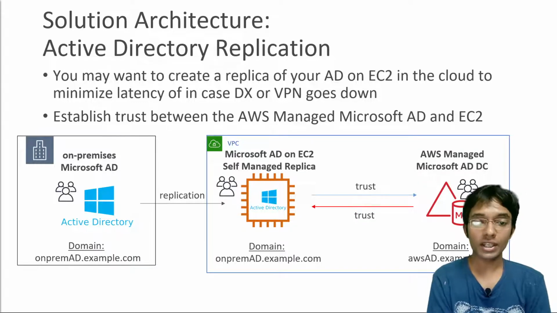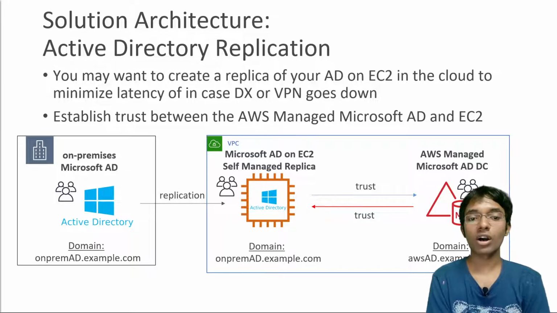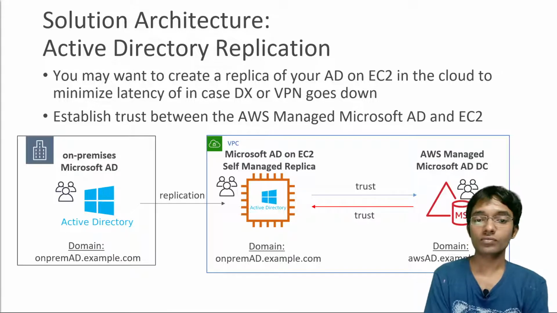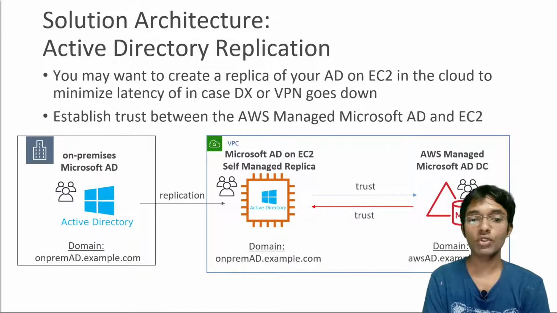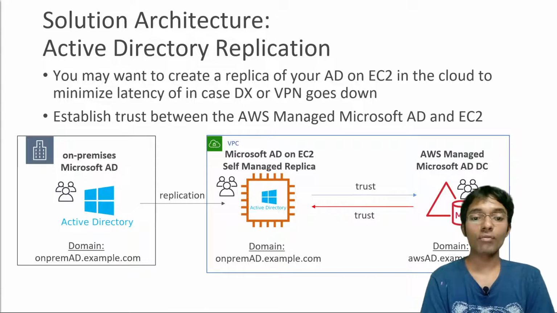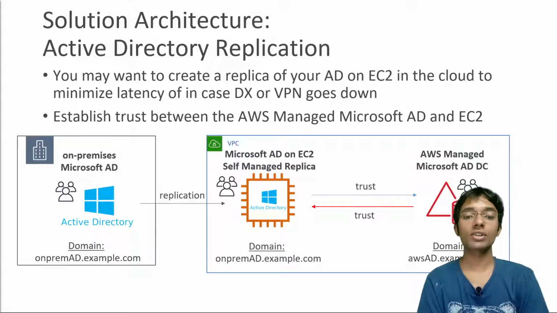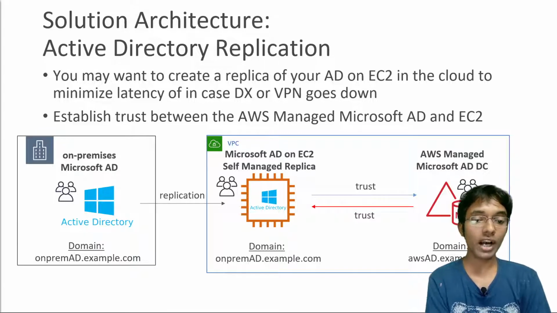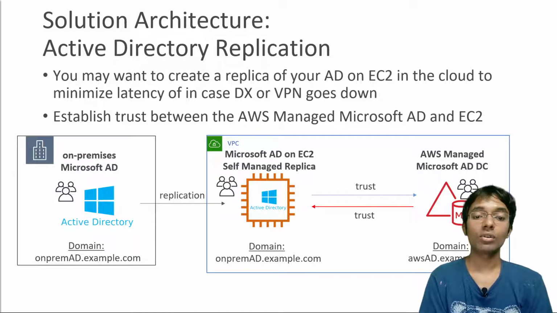By setting up that replication, we'll have a replica of the on-premise Microsoft AD in our VPC, which may help minimize latency and also give a disaster recovery strategy. And finally, we can set up a two-way forest trust between our EC2 instances and our AWS Managed Microsoft AD DC in this own VPC. This is the kind of solution architecture that will be asked of you at the exam. So it's really important to get the basics done first and then talk about these interesting twists on solution architecture.